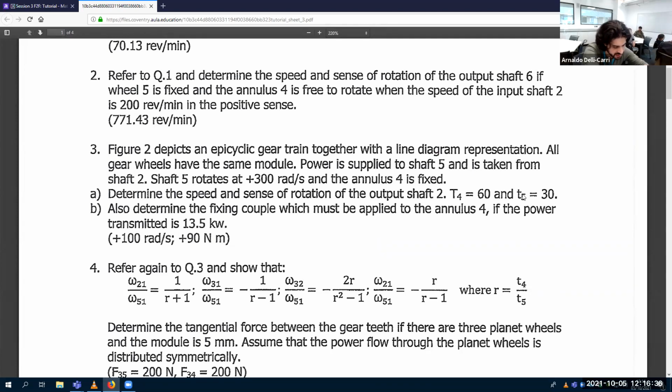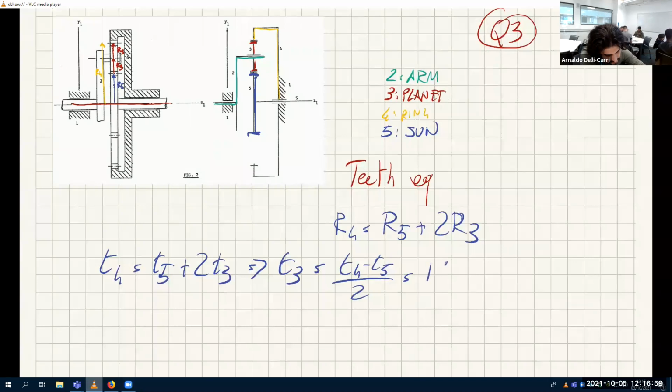So let me rearrange this equation. T3 is (T4 minus T5) divided by 2, which is equal to (60 minus 30) divided by 2, which is 15. Very good. Right? Good.